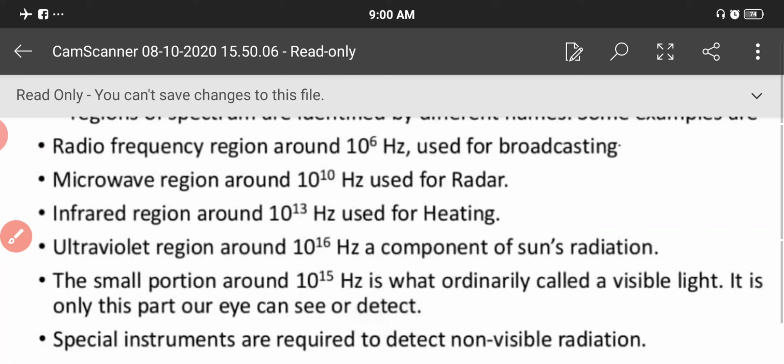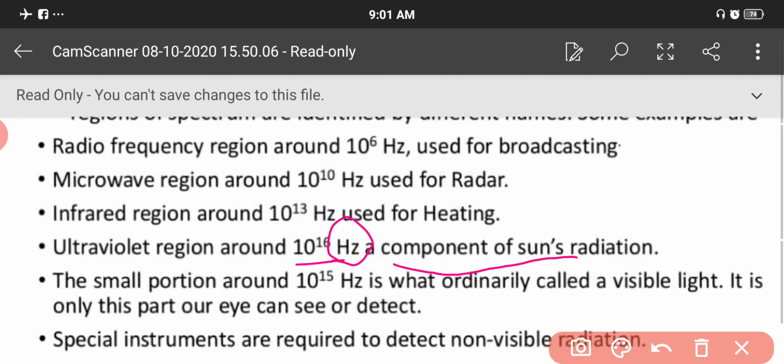Next one is the ultraviolet region, UV region. The frequency of the UV region is 10⁻16 hertz. Hertz is a unit of frequency. Ultraviolet radiation is found in sun radiation, and we know UV radiation is responsible for skin cancer.